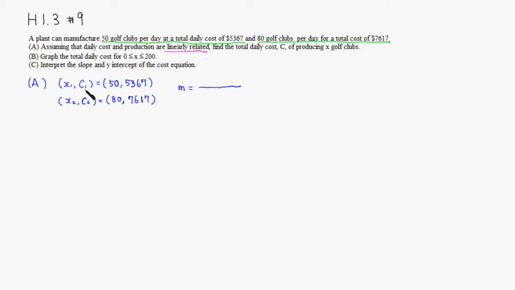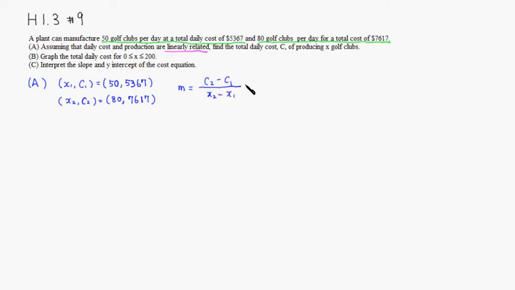Instead of y1 and y2, we're using c1 and c2. So the slope formula would be c2 minus c1 over x2 minus x1.